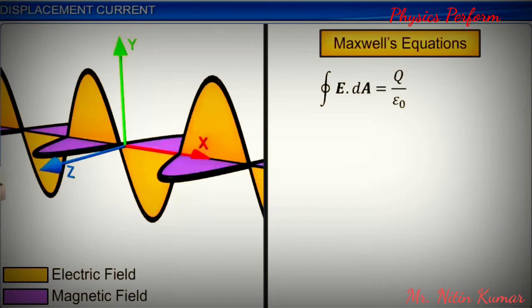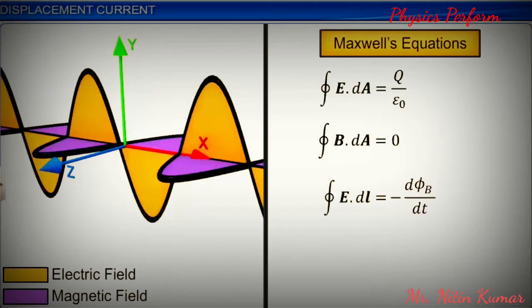Integral over the closed surface B dot dA is equal to 0. Integral over the closed loop E dot dl is equal to minus d phi B by dt. And integral over the closed loop B dot dl is equal to mu naught IC plus mu naught epsilon naught into d phi E by dt.